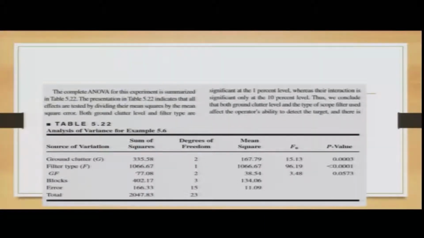So, the complete ANOVA for the experiment is summarized in this table 5.22. In the table what you have is again repetition, but I am sure you will understand. The first column consists of all the factors and their corresponding effects taken 2 at a time, 3 at a time, as the case may be. The second column is the sum of the squares corresponding to these factors.